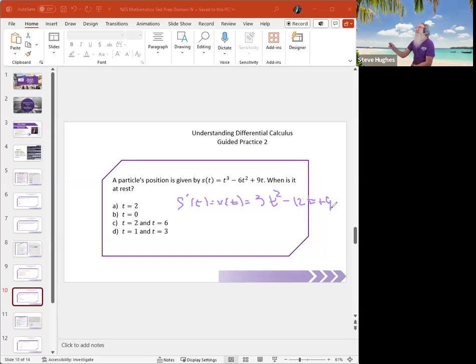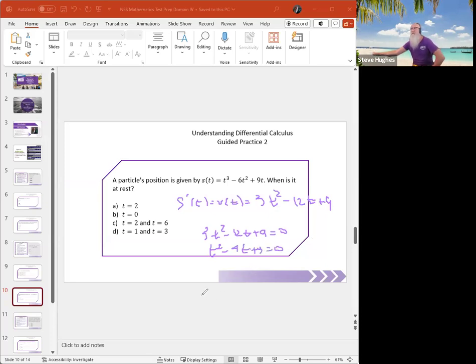Now the question is, when is that equal to 0? So 3t squared minus 12t plus 9 equals 0. We could divide everything by 3 just to make it simpler. That gives us t squared minus 4t plus 3 equals 0.